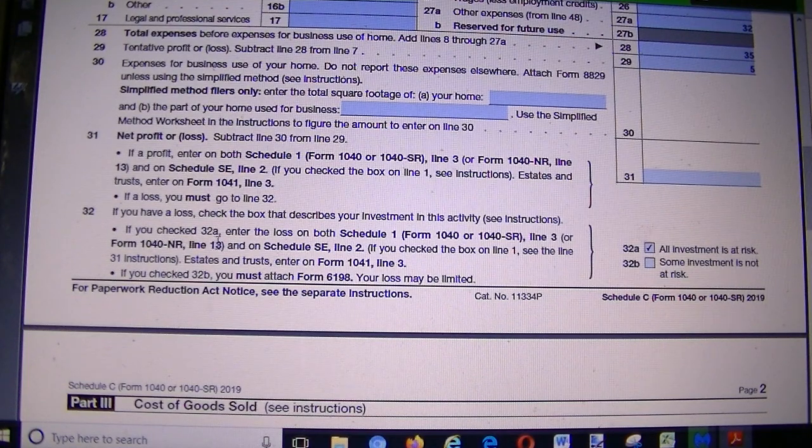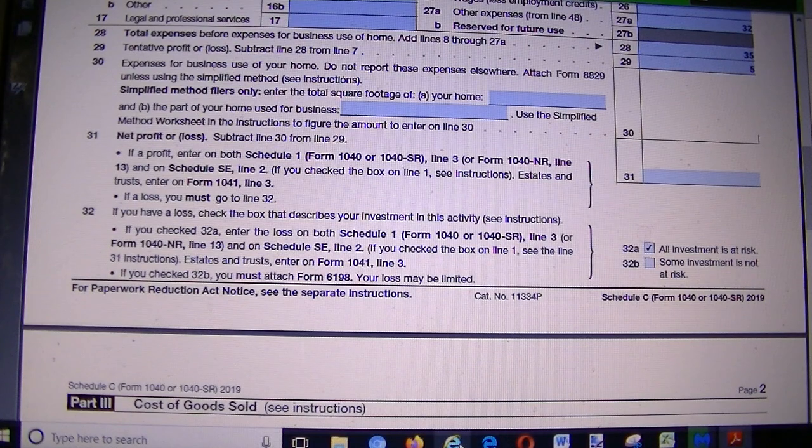So if you check 32A, enter a loss on both schedule 1 and line 3 of that. But if you check line 32B, you must attach form 6198. So that's that. So it does not really talk about that form 8582.